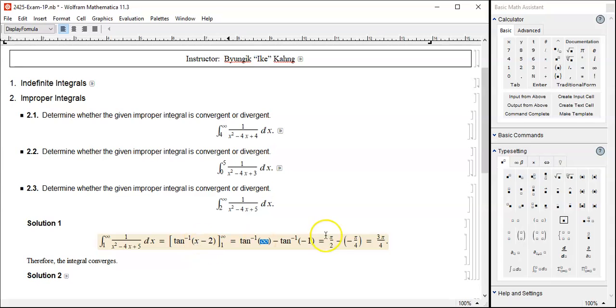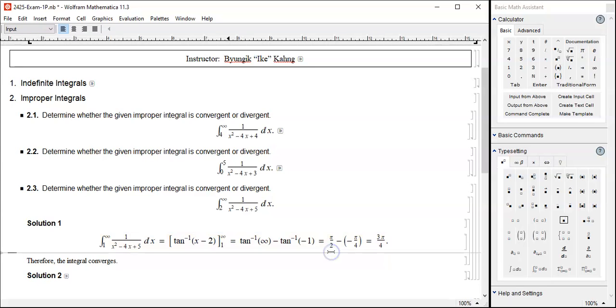And plug in 1 there, 1 minus 2, so the arctangent of negative 1. And then arctangent of infinity is pi over 2 because tangent of pi over 2, in the negative direction and in the increasing direction, goes to positive infinity.